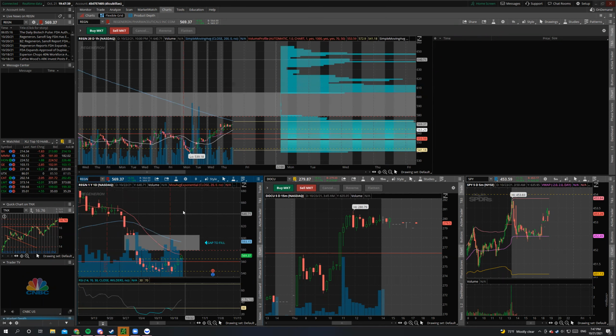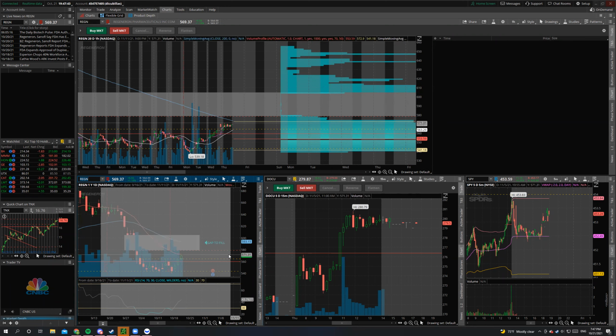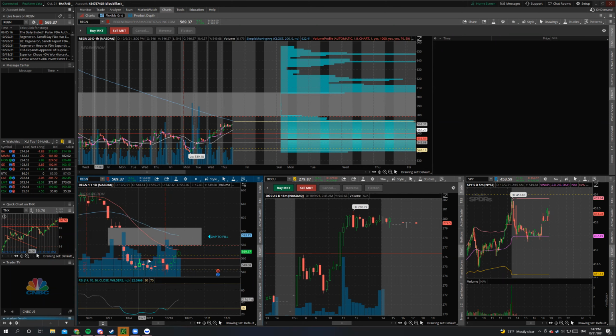When we discuss this, what do I have to do? I have to look at what the chart is telling me, right? The chart is telling me that Regeneron is having this consolidation right here. It has the moving averages pretty close by, the 20 EMA and the 50 EMA, and there's a gap to fill right here.